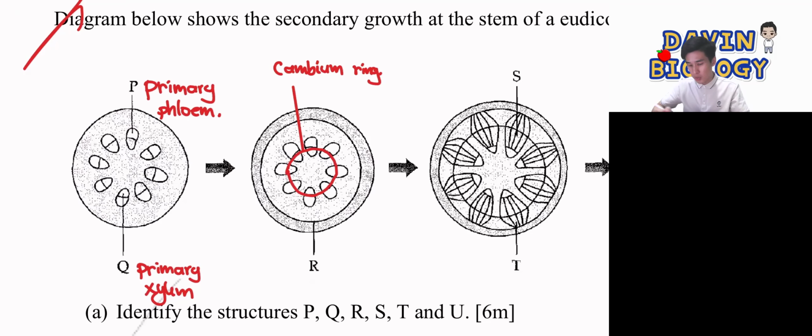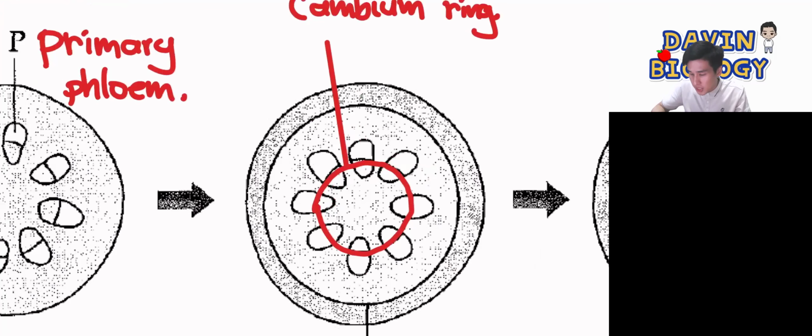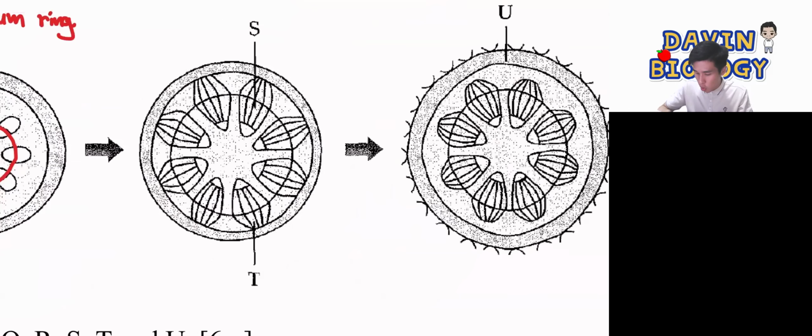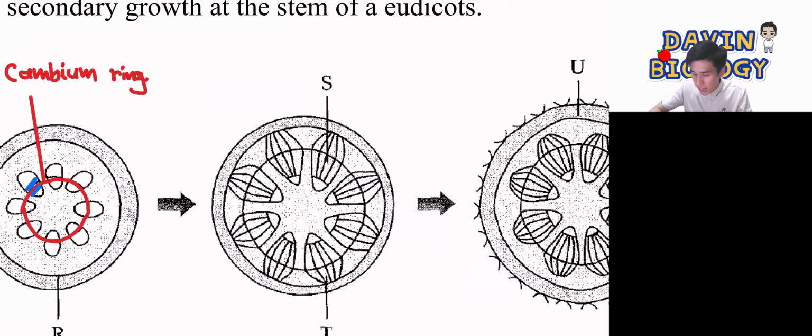So you form 2 new tissues, one on the inside, one on the outside. Your primary xylem and phloem will be pushed further away. So in this diagram, you will have new xylem inside here, called the secondary xylem, and a new phloem over here called the secondary phloem.